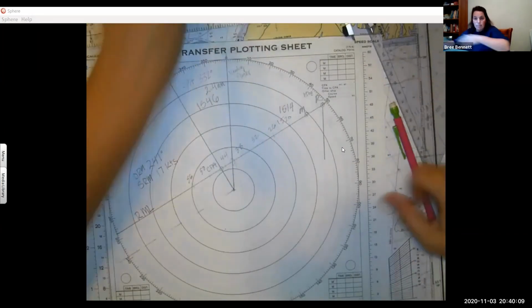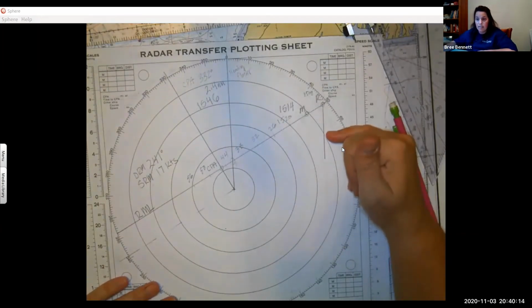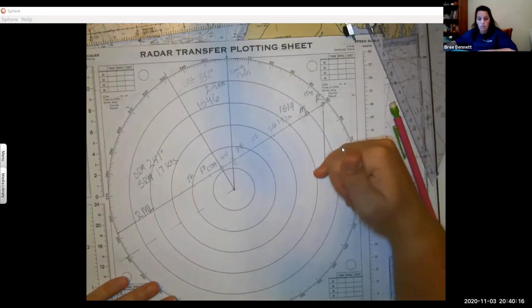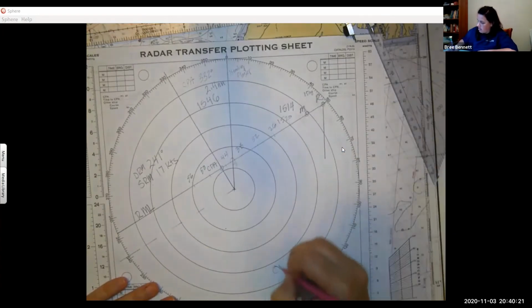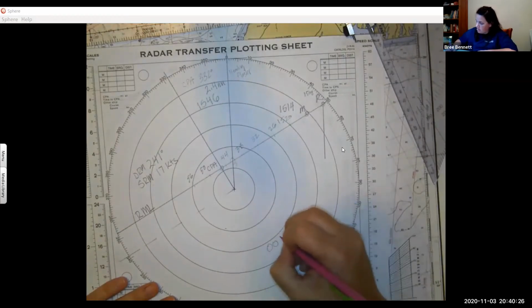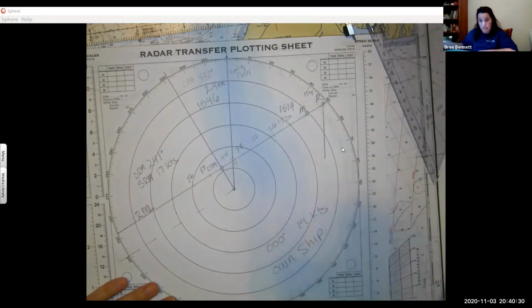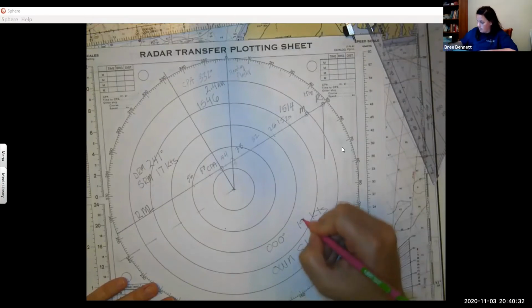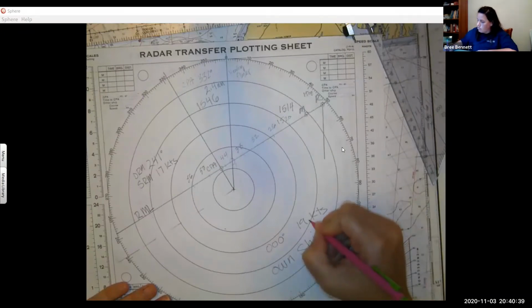And then I want my distance. What's my distance in 6 minutes? So my speed was 19 knots. So my own ship is doing 0, 0, 0 degrees at 19 knots. So the distance I've traveled in 6 minutes, we're going to move that decimal point over.